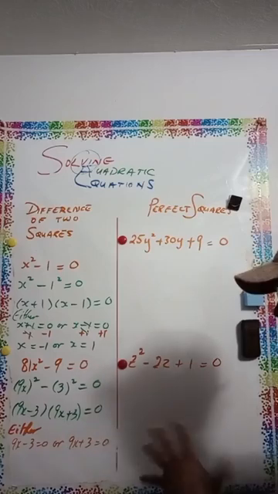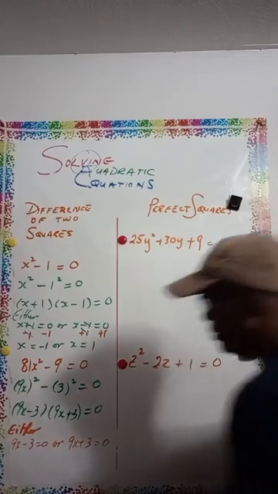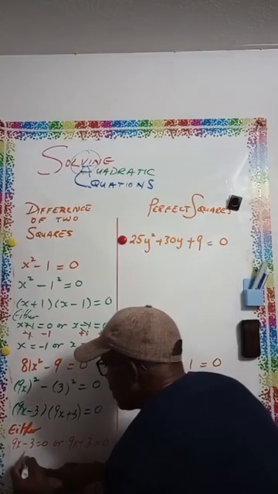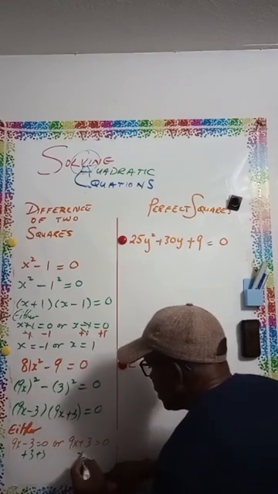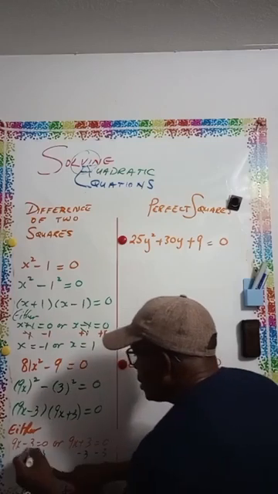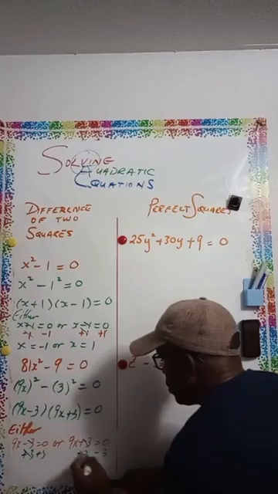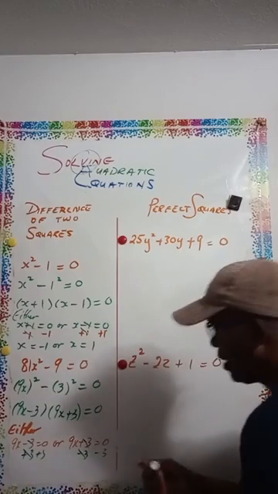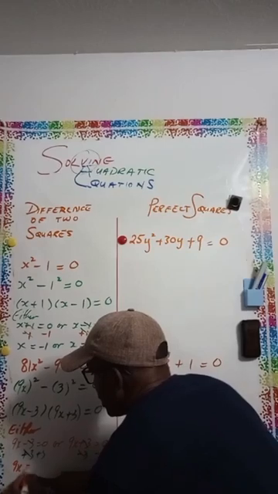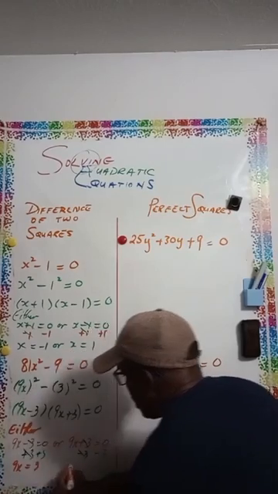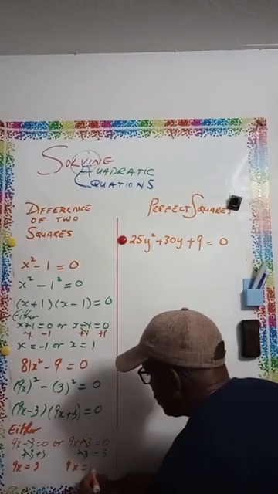And from there, we're going to go through the process of undoing. Undo negative 3, we're going to get plus 3. Undo positive 3, we're going to get negative 3. These two are going to go. These two are going to go. So we now have what? 9x equal to 3. 9x equal to negative 3.